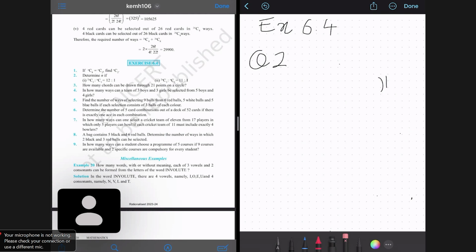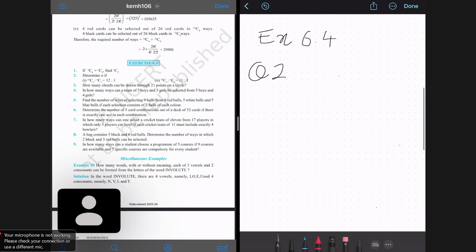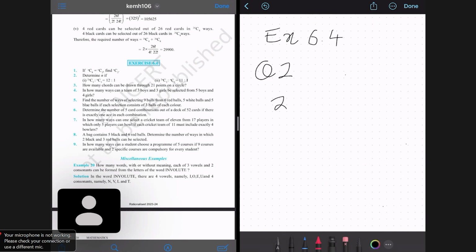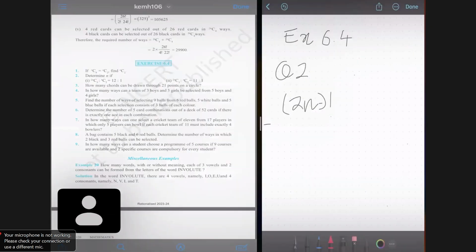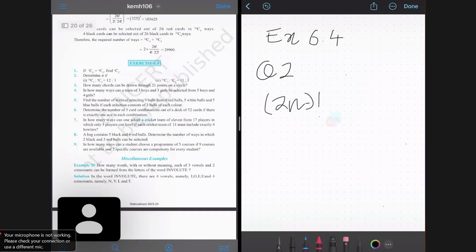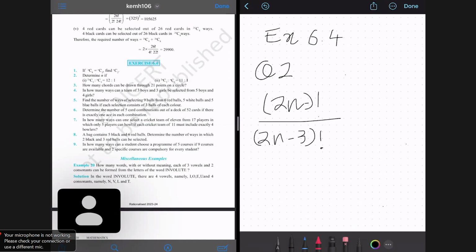So after cancelling out 3 factorial from the numerator and denominator, what we are left with is (2n)! upon (2n minus 3)! into (n minus 3)! upon n!.